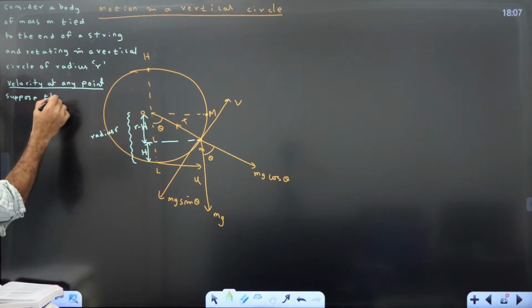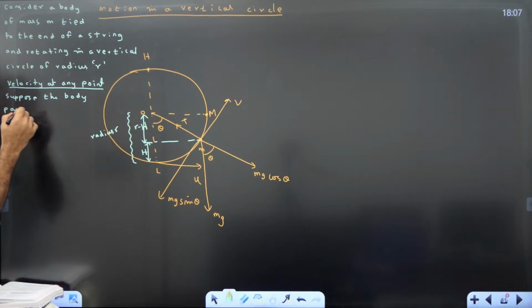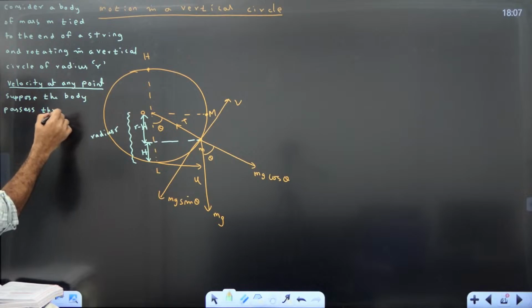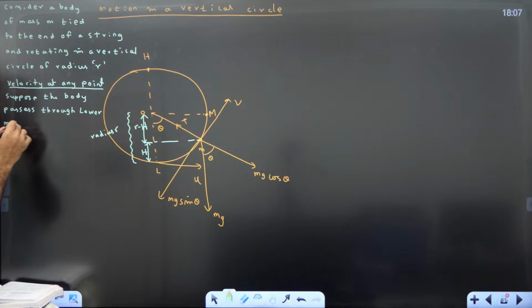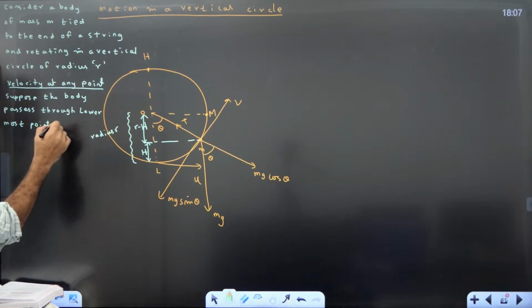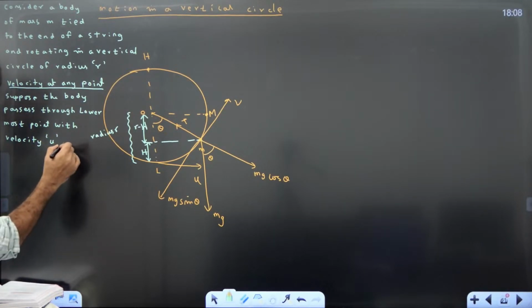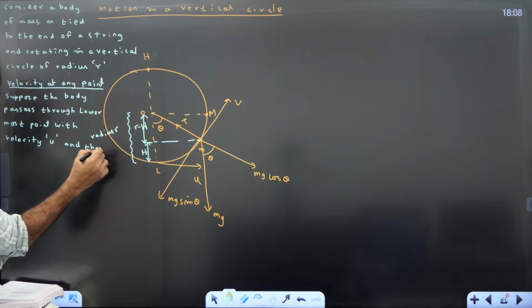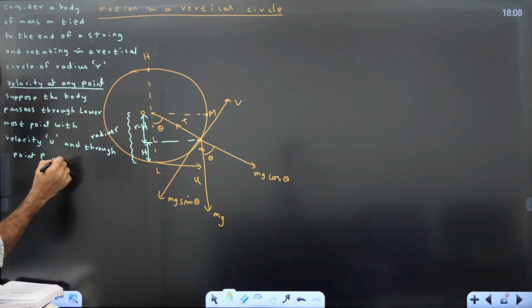Suppose the body passes through the lowermost point with the velocity u, and through point P with the velocity v.